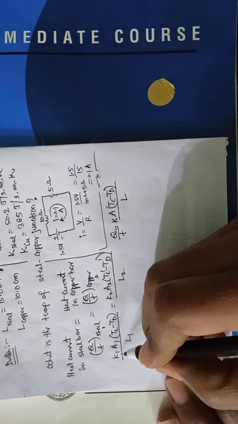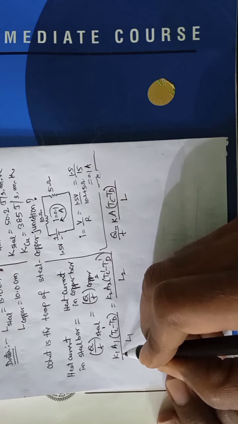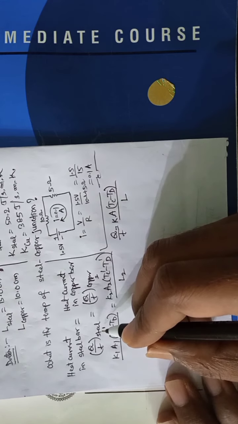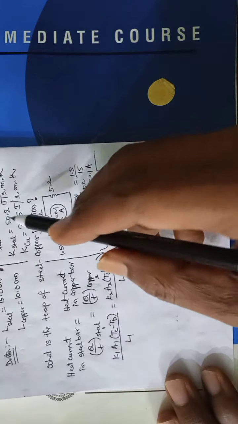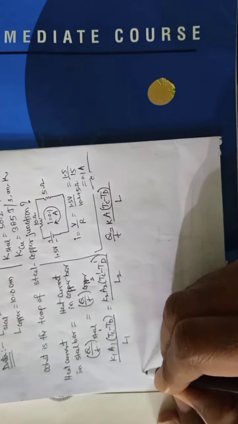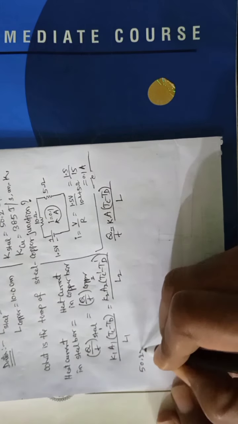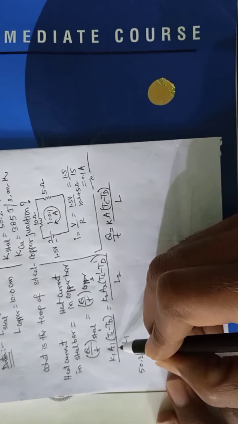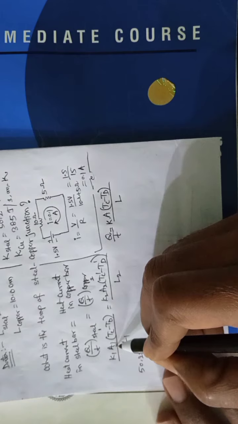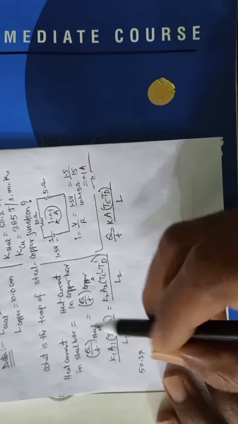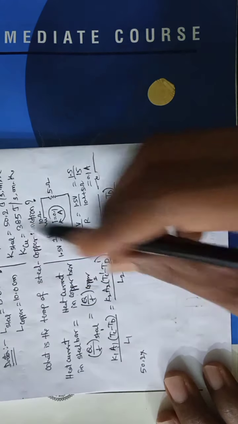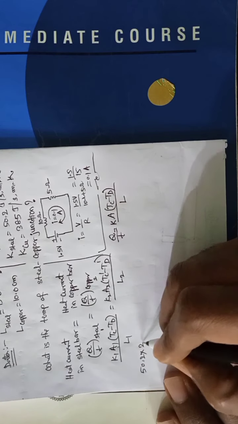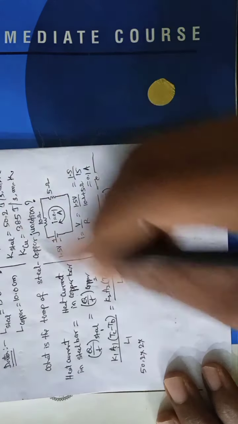Now K1 means thermal conductivity of the steel bar, that is given here, 50.2. Next, A1 is the cross sectional area of the steel bar, that is equal to 2 into A copper. Let me write here 2 into A2.